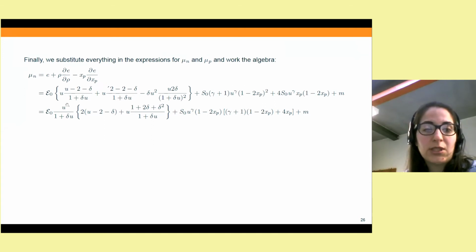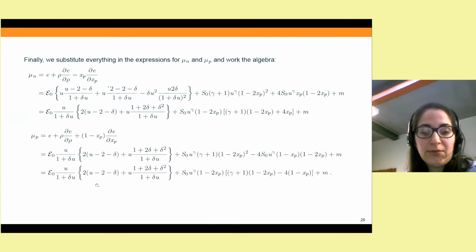And if we substitute the expression we are given for the energy per particle, plus the density times the derivative with respect to density, plus the proton fraction, okay, if you sum up everything, you will get this expression here for the neutron chemical potential.